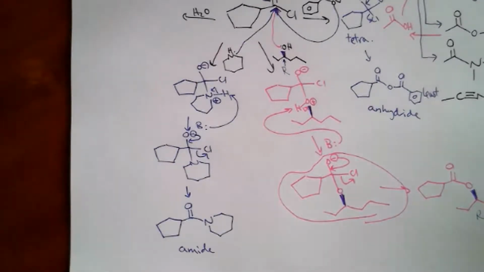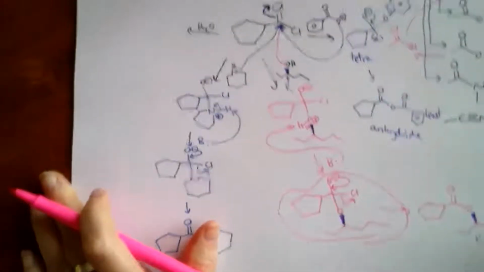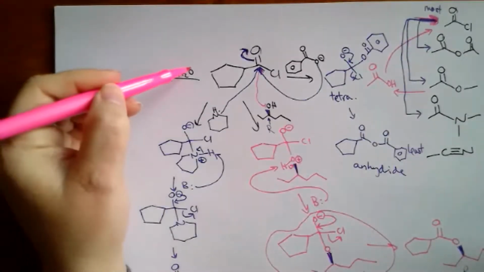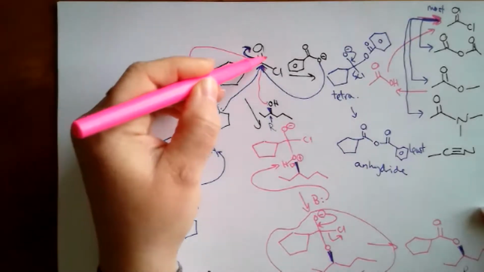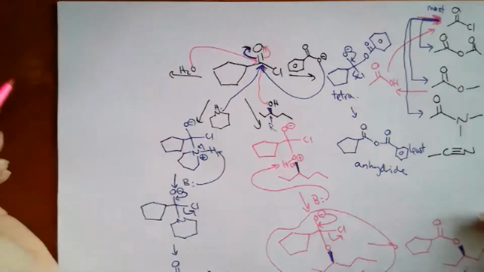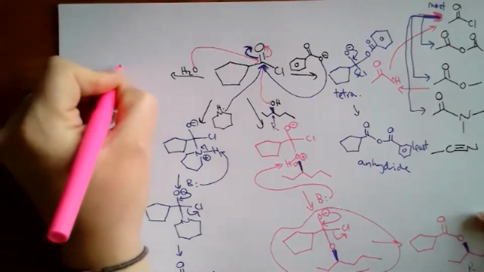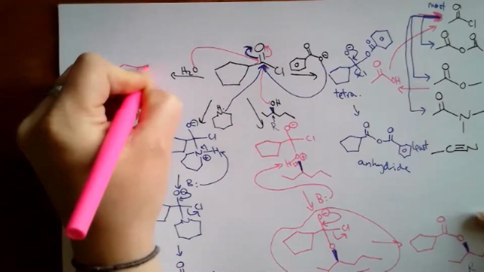All right, one more. Hopefully you know what we're going to make here. I've got neutral water that I'm reacting with. Attack the carbonyl carbon. Fold electrons up to the oxygen. Get this intermediate.